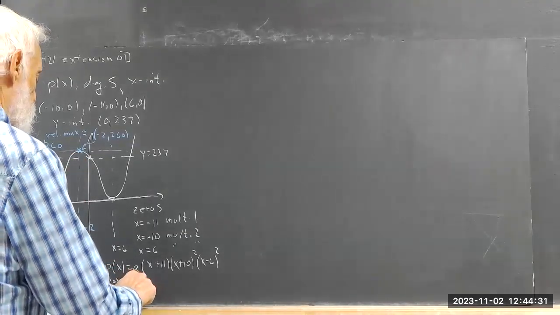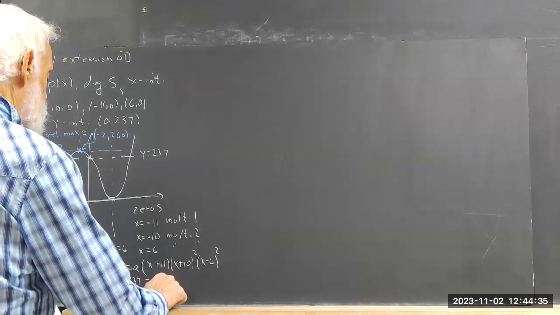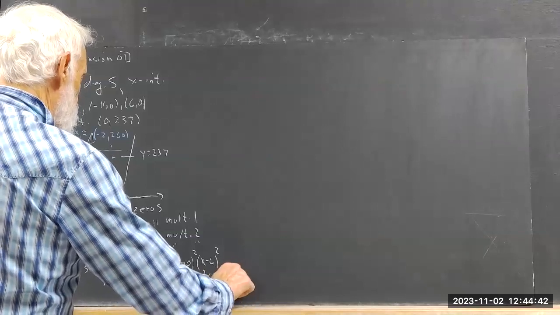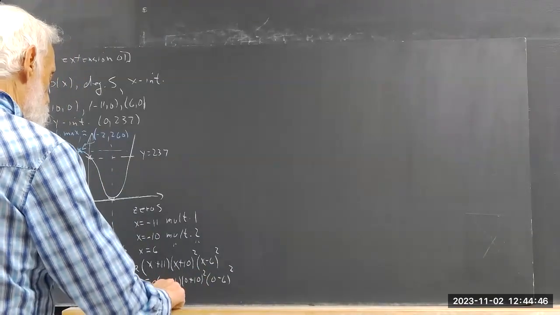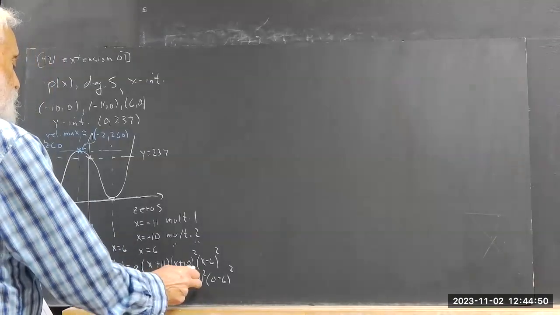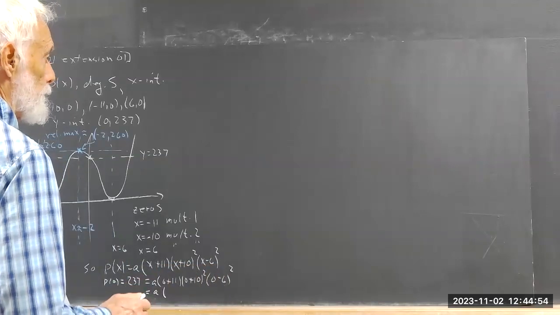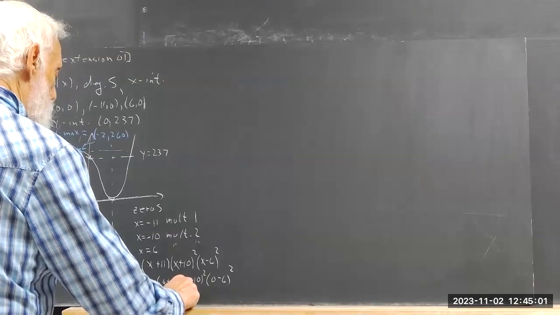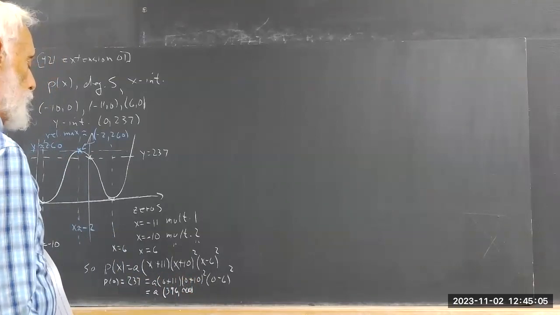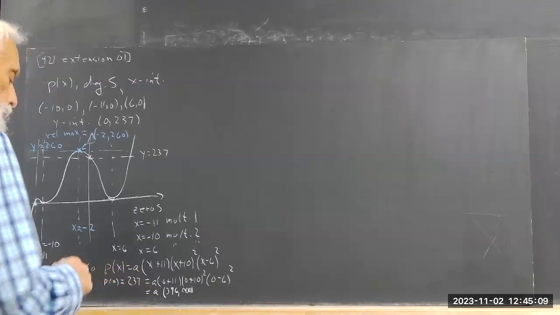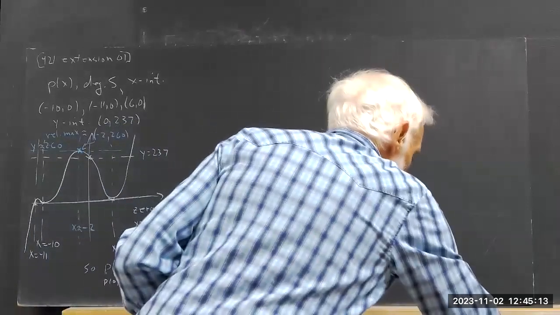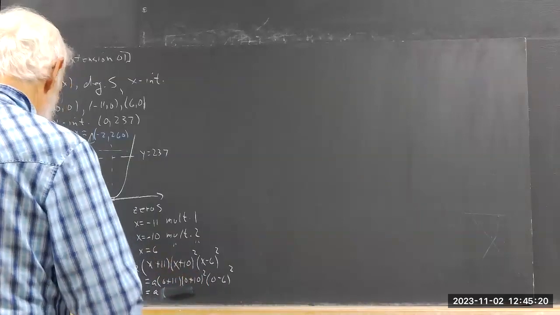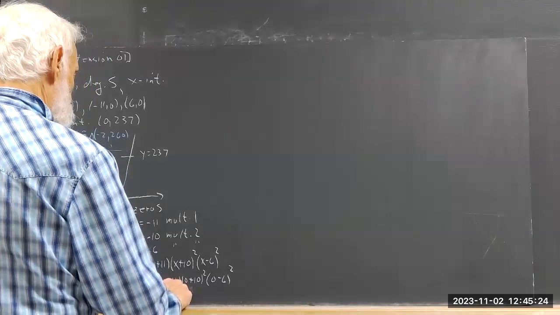P of 0 equals 237, which also equals A times (0 plus 11) times (0 plus 10) squared times (0 minus 6) squared, which is A times 11 times 100, which is 1100, times 36, which is 39,600. I'm doing my little calculations pretty quickly.